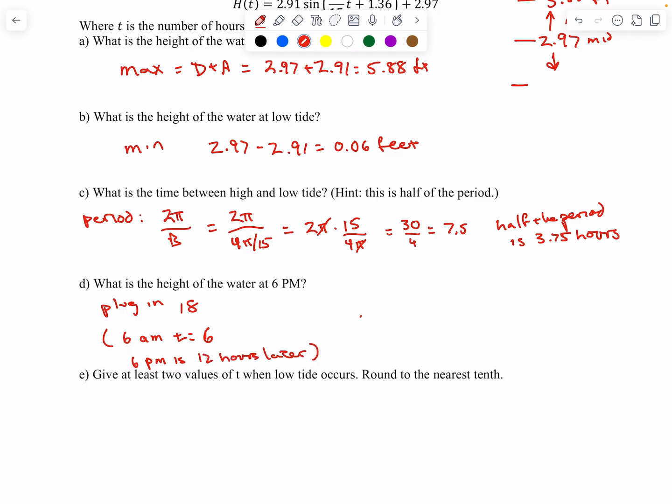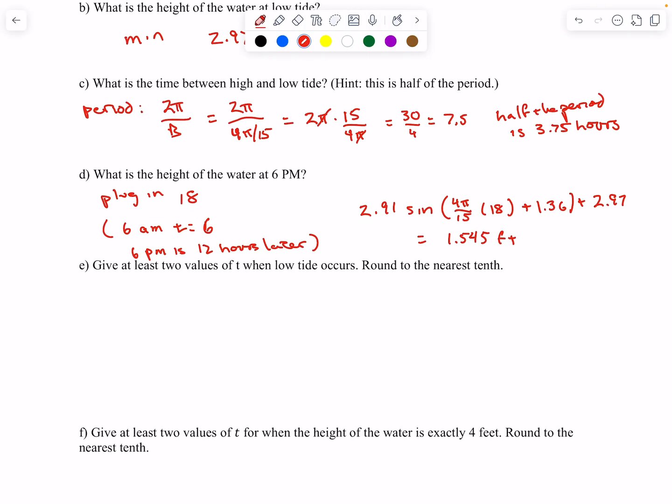So if I just do 2.91 sine of 4 pi over 15 times 18, the program makes me crazy. You end up with 1.545 feet up.